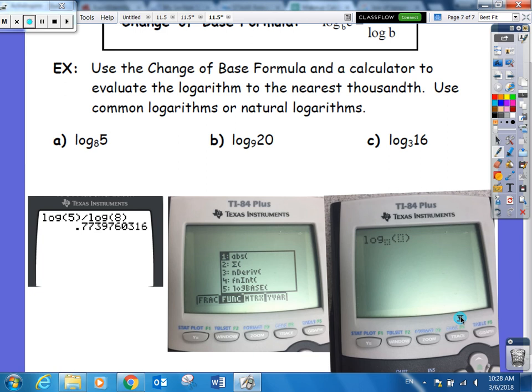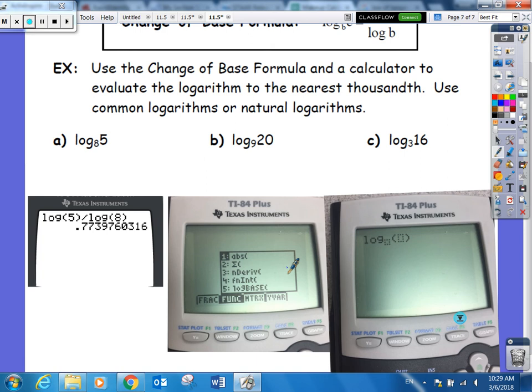So green button, window, and then if you hit number 5 or go down to number 5, log base is what it says. And then if you hit number 5, your calculator pops up like this. It gives you a place to put the base, and it gives you a place to put the argument. So you can put those in. If not, you can use the change of base formula, and you get the answer just the same way.